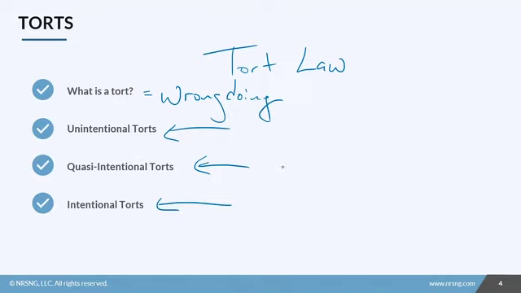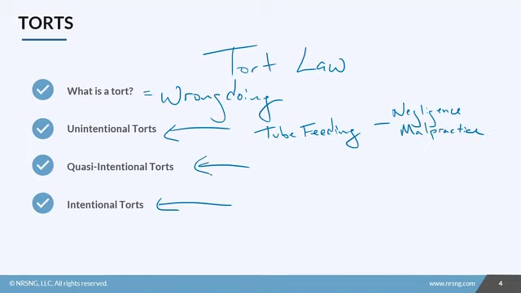Unintentional torts are things you do that aren't meant to harm the patient, but you do them anyway. An example of this would be if you hung the wrong tube feeding on a patient. You didn't think the doctor was going to change the order, but they did, and you didn't recognize it. And so you caused harm to the patient. You didn't mean to do it. It was a mistake, but it was negligence. Two types of unintentional torts are negligence and malpractice.